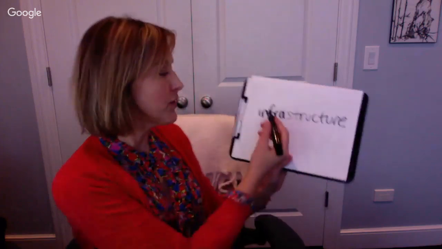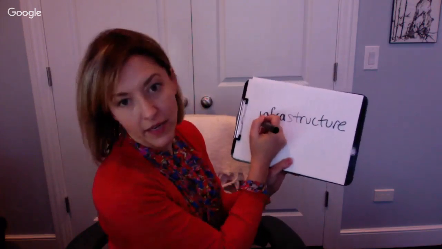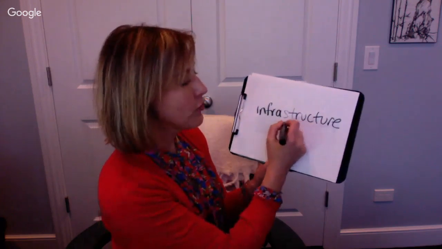Any more questions? Like infrastructure. Okay, how do I pronounce infrastructure? Let me get a pen. So the word infrastructure, those are like roads and bridges and those types of things. So we have infra. Make this nice and short. Infra, struck.